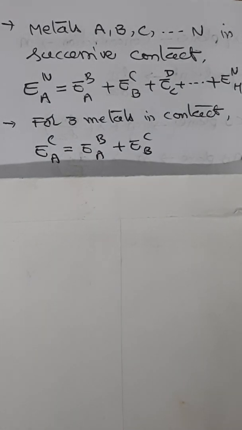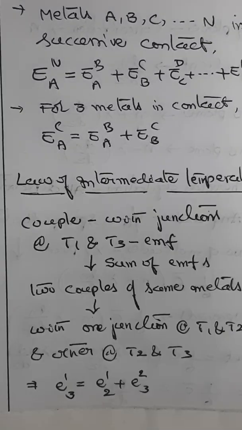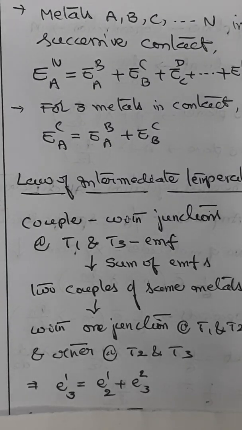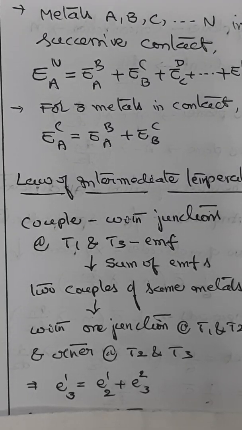Let us understand the law of intermediate temperatures. The electromotive force for a couple with junctions at T1 and T3 is the sum of the electromotive forces of two couples of the same metals, one with junctions at T1 and T2 and the other with junctions at T2 and T3.